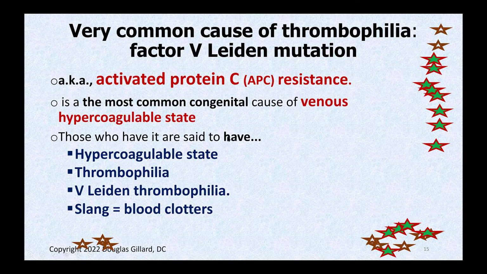Okay, so those who have activated protein C resistance, aka factor V Leiden mutation, which is the more common term, these people are in a hypercoagulable state. They are thrombophiliacs. They have thrombophilia. And yeah, they're blood clotters.